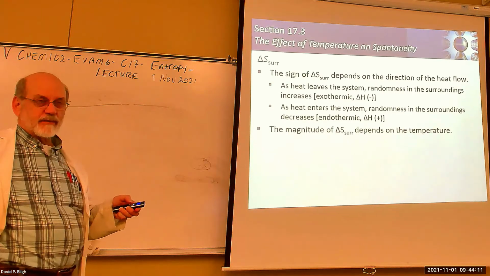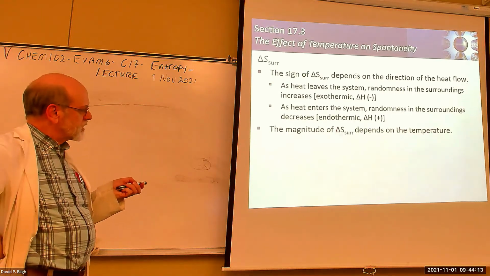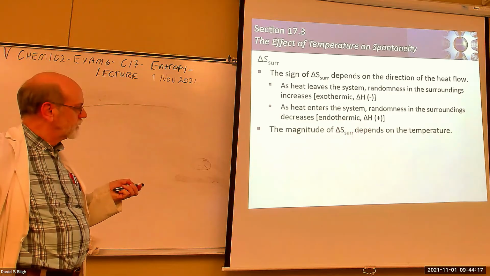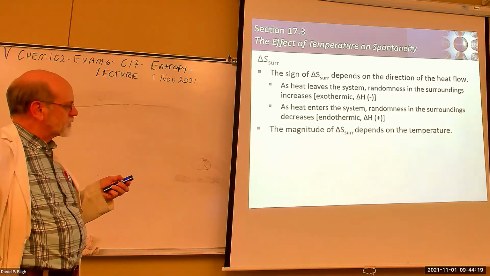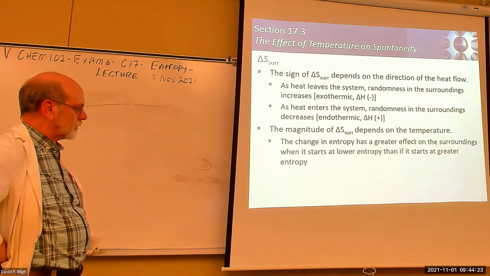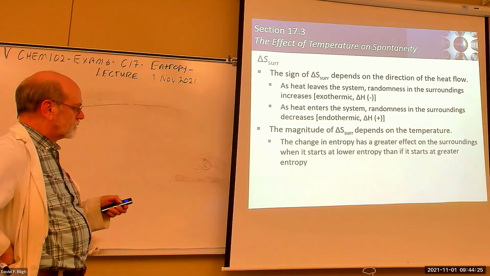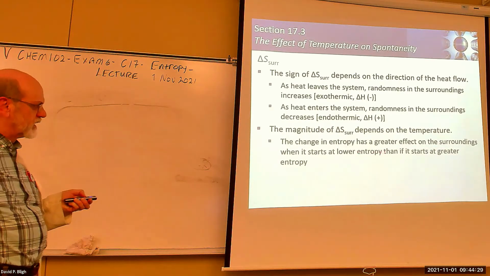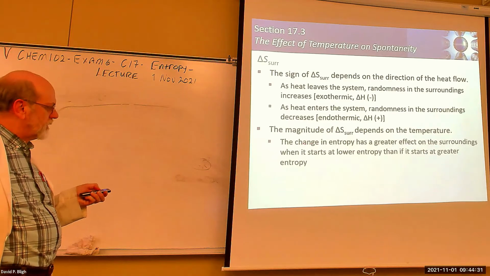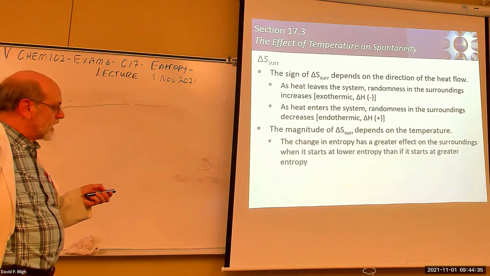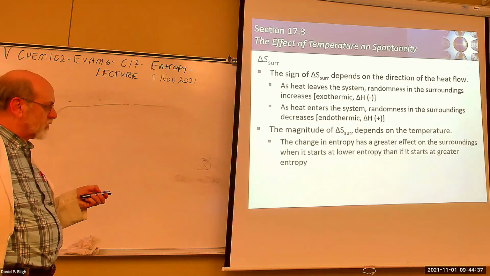So if it's at high temperature, this change is very low. It's very little change. But if we're at low temperature, the change is much, much bigger. If we start at a lower entropy, then at lower temperature, the change in entropy has a greater effect.